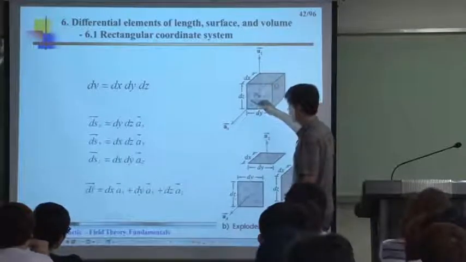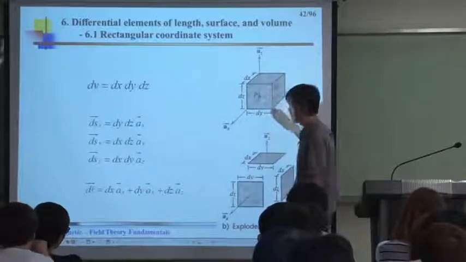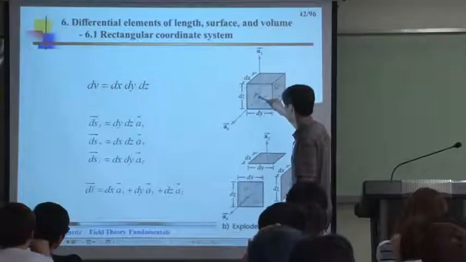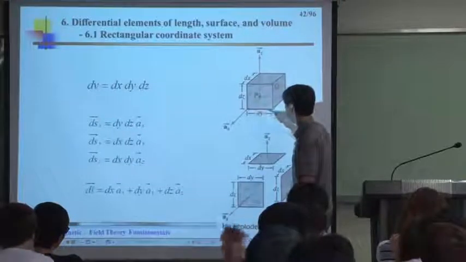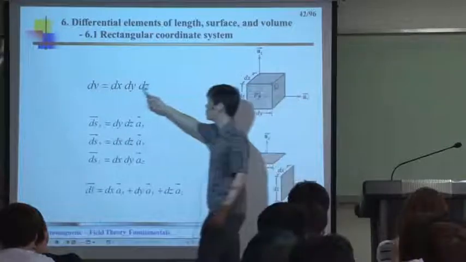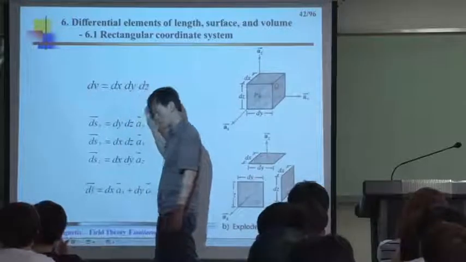And as you multiply each directional component, then you can get the volume. So the x 성분, y 성분, z 성분 곱하면 체적이 되는 거니까. So the volume dV can be written by the dx, dy, dz. Okay.